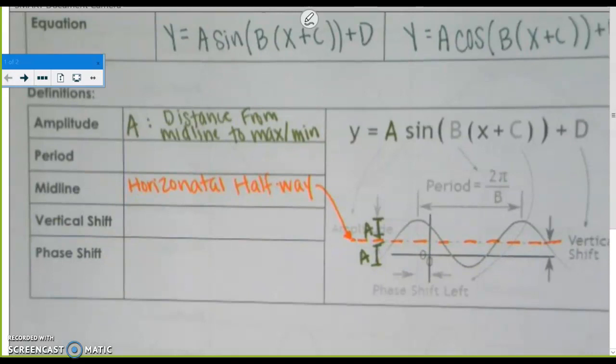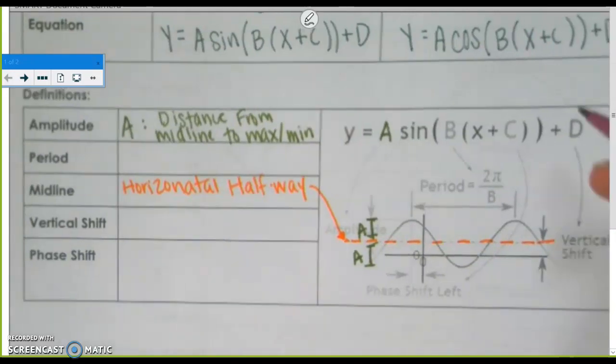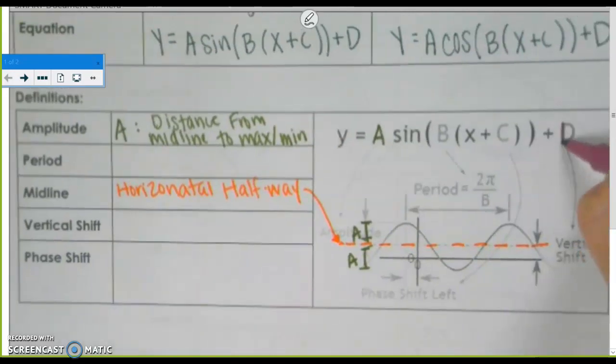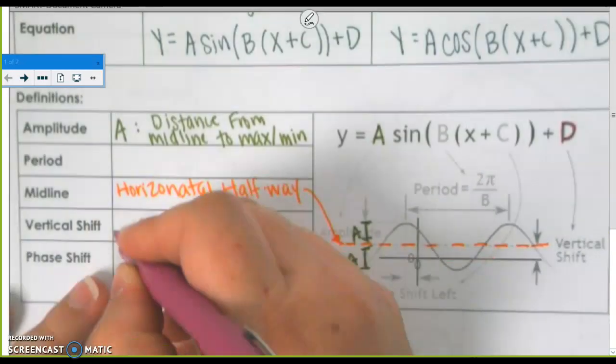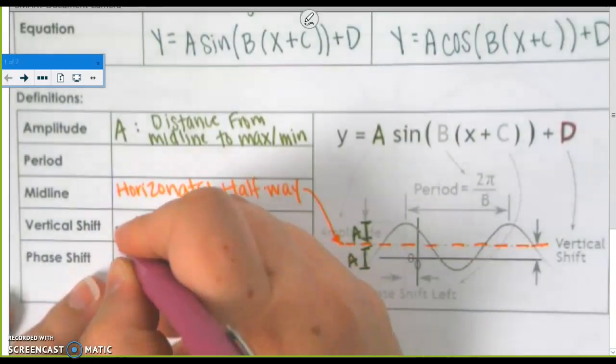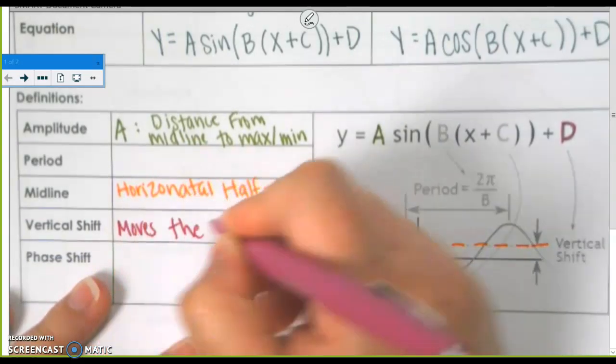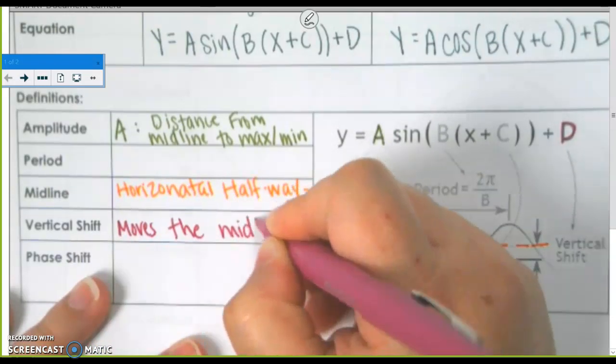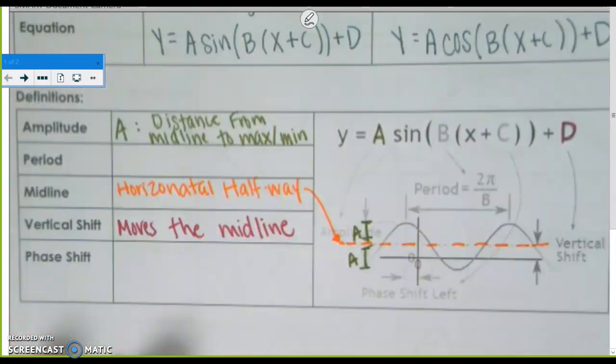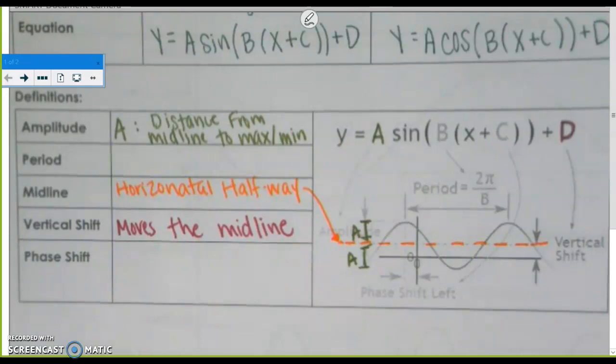So the vertical shift of the graph is that plus or minus that's at the end. And the vertical shift moves the midline. So that plus or minus number that's at the end is going to tell you where your midline is.